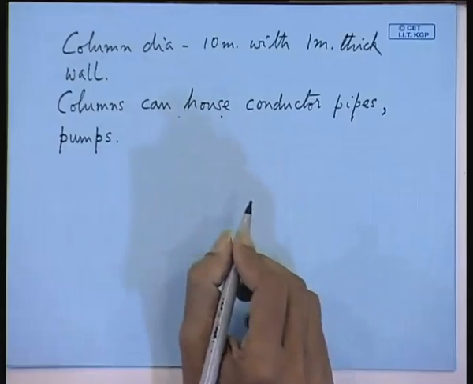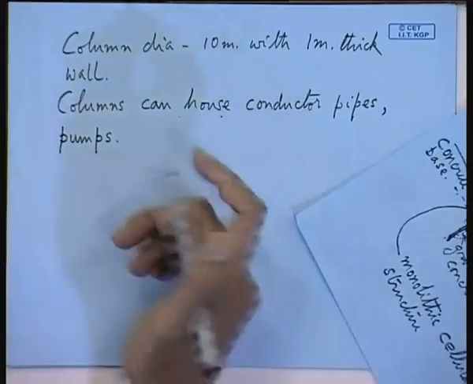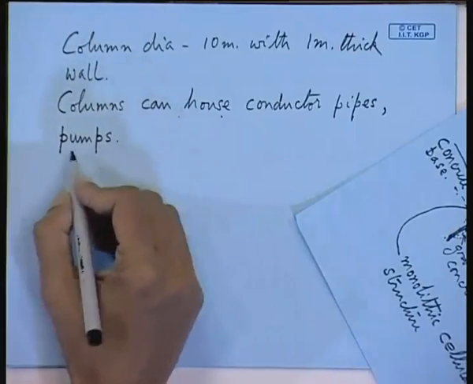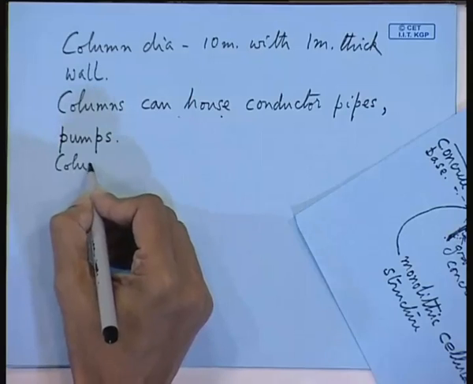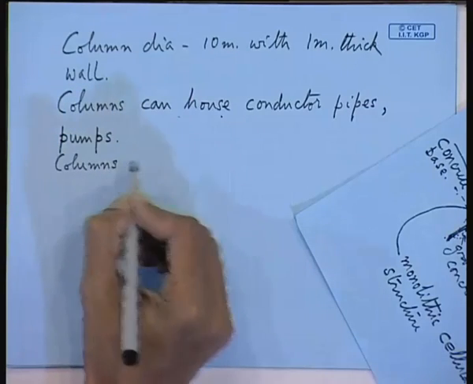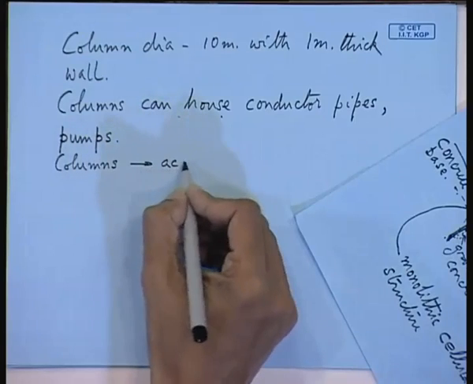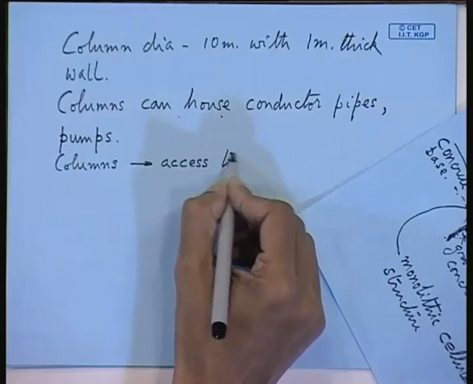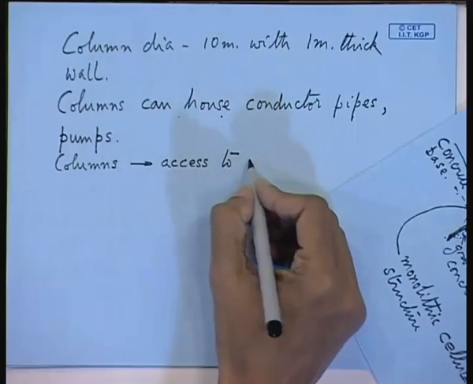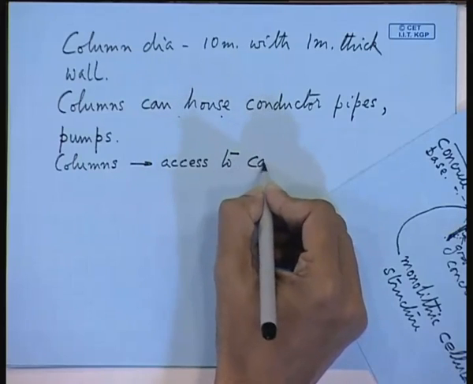So there are a number of columns serving different purposes. One column can house your pipes and pumps, other columns can have access, so they serve as access to the pontoon caisson cells.